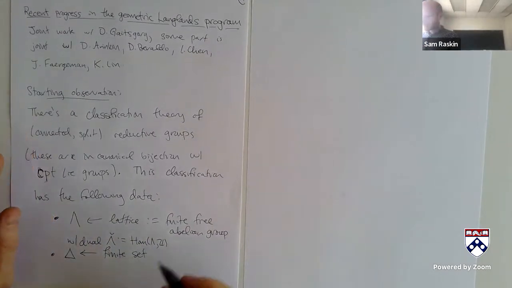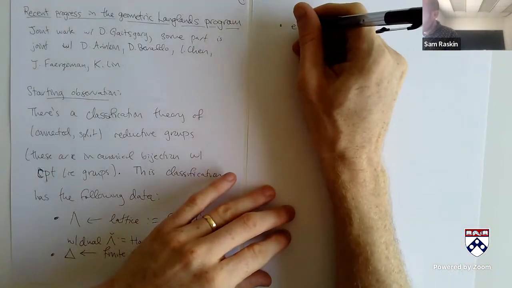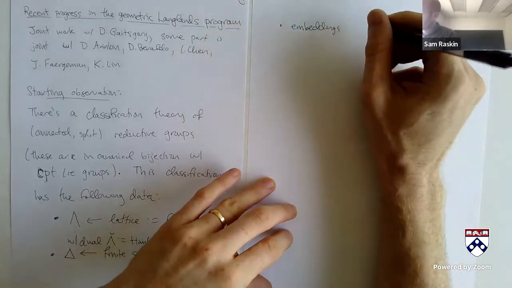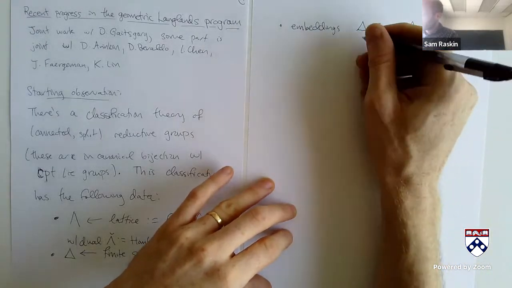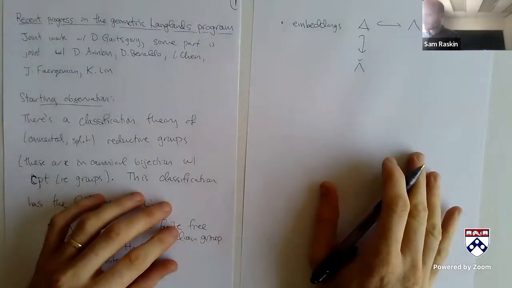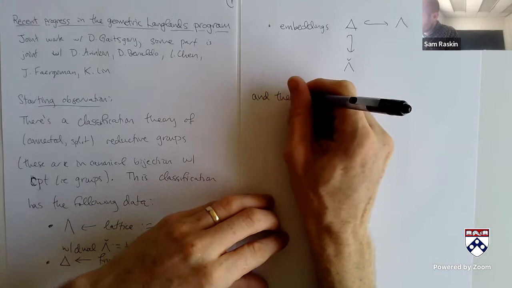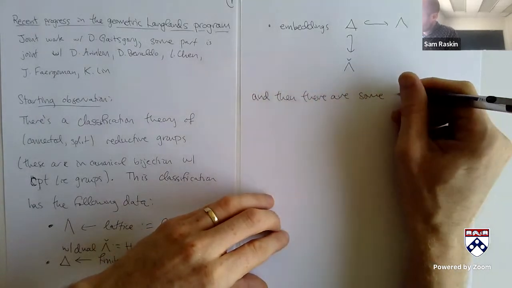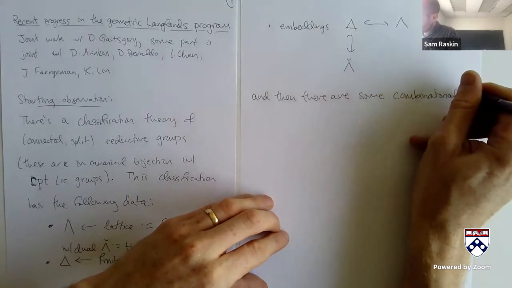There's a certain finite set called delta. There are embeddings of delta into lambda and also into its dual. And then there are some axioms that this should satisfy, sort of combinatorial axioms.